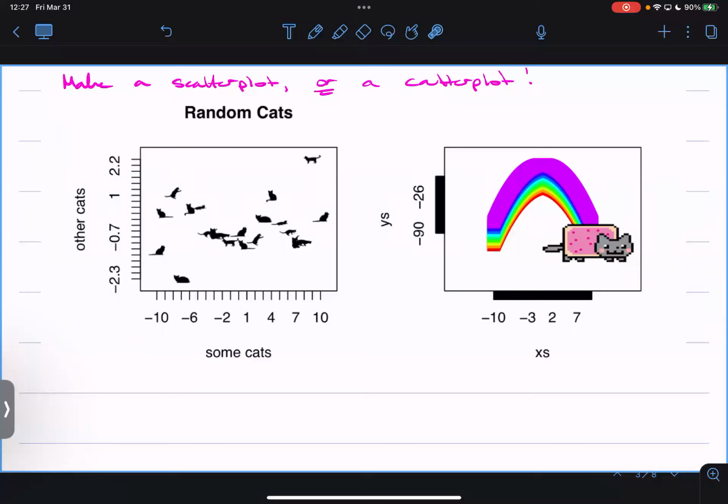But yeah, I know it's a famous cat, so Nyan cat. I think it's spelled like this, right? Nyan cat. But you're right, beyond the scope of this course in so many ways.